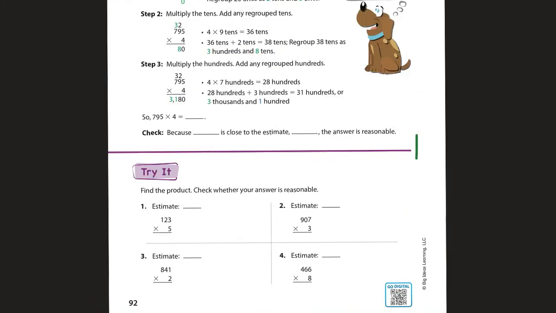On the next page, in the try it section, they want you to do an estimate first, and then you're going to check if your answer is reasonable. In order for you to do an estimate, you have to round. So you're going to take the larger number, in this case 123.